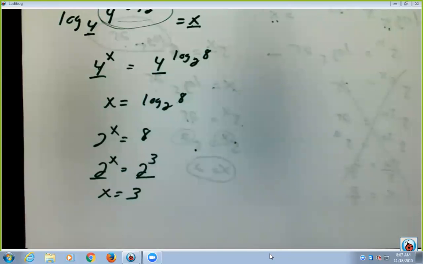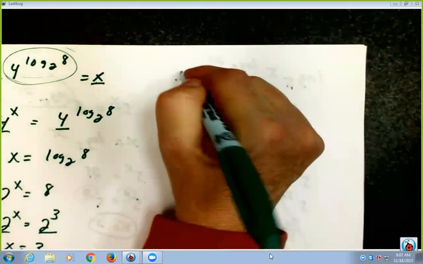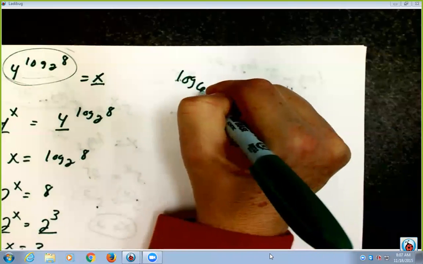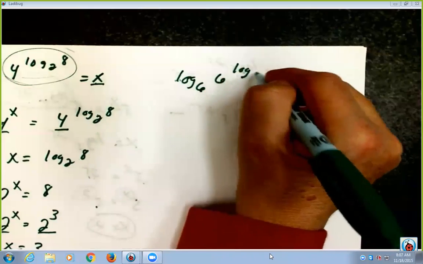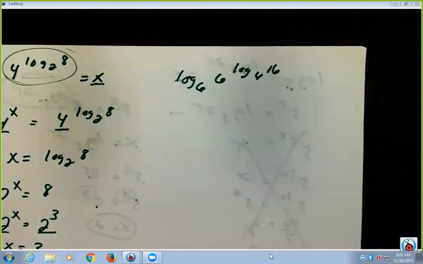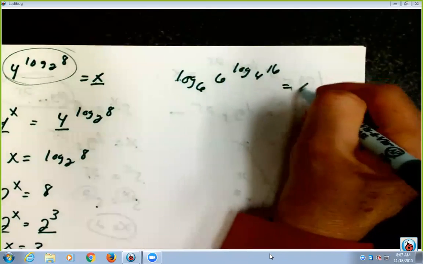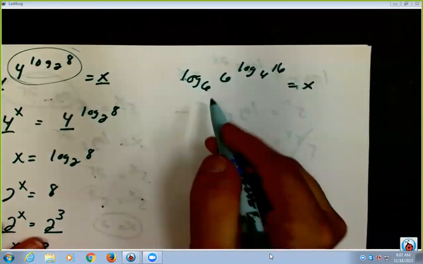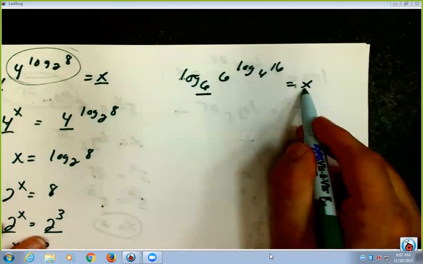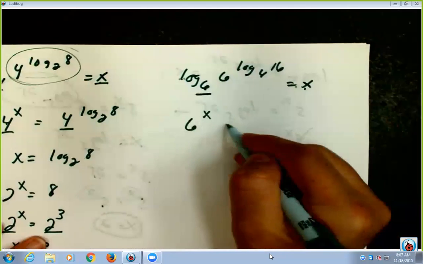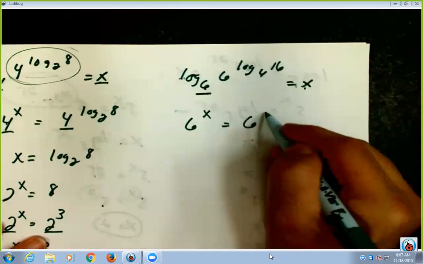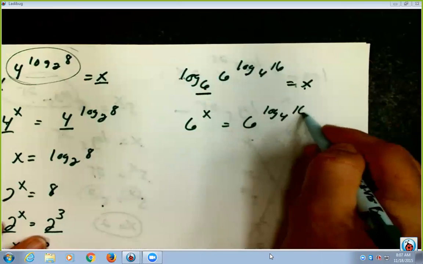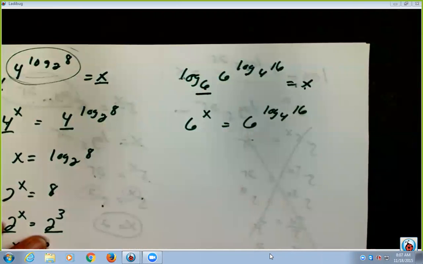Okay. Here's one more. Log 6 log 4 16 equals x. So my base, my exponent, is equal to the answer, which is 6 log 4 16. Okay, following?